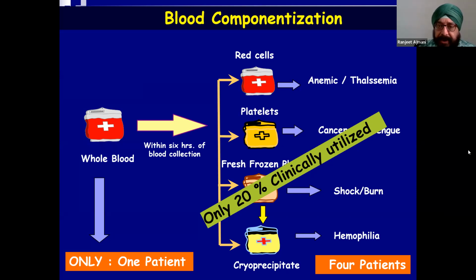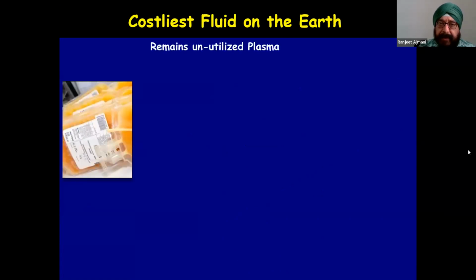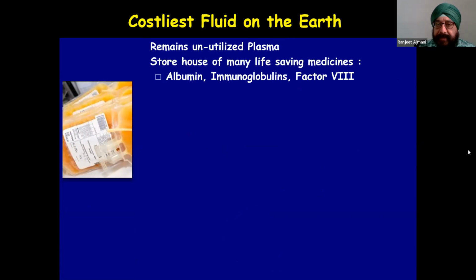This is a very, very important thing which one has to look at. One has to remember that plasma is one of the costliest fluids on this earth, more than a barrel of petrol. And it is a store of many life-saving medicines like albumin, immunoglobulin, factor 8, factor 9, etc.